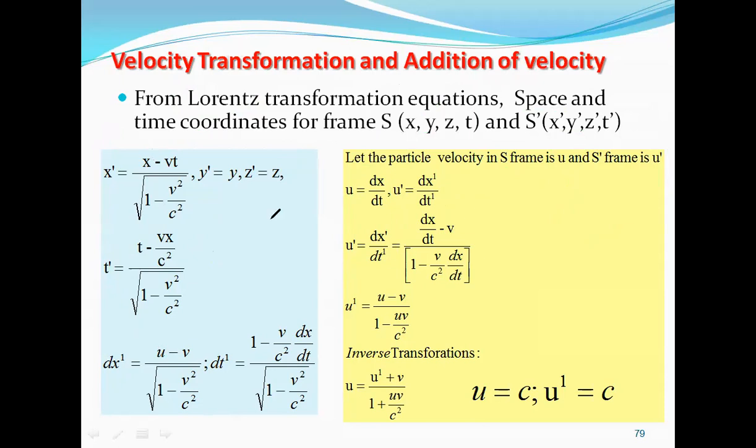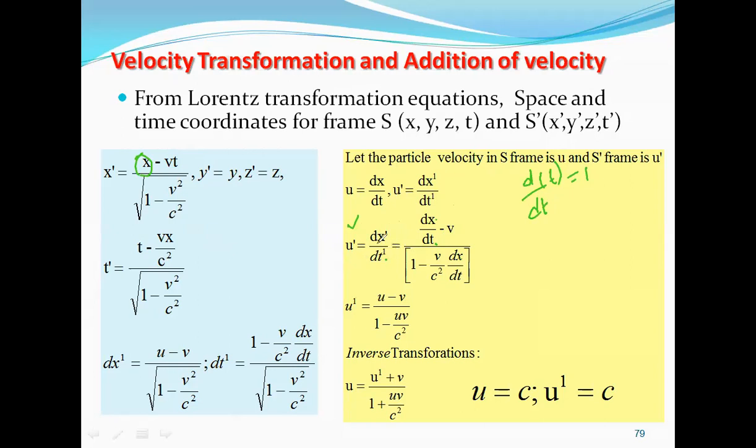What is dx by dt? When you differentiate t with respect to t it is equal to 1, so we got 1 here. So u prime equals dx prime by dt prime.